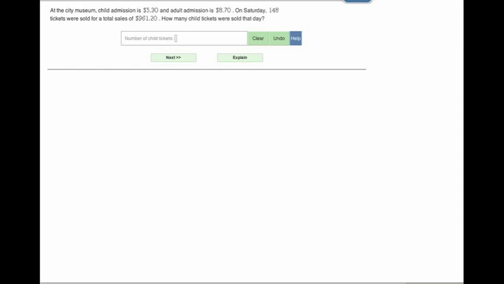So our table is going to be, at the top, we're going to make columns. The number of tickets times the cost per ticket equals the total cost.